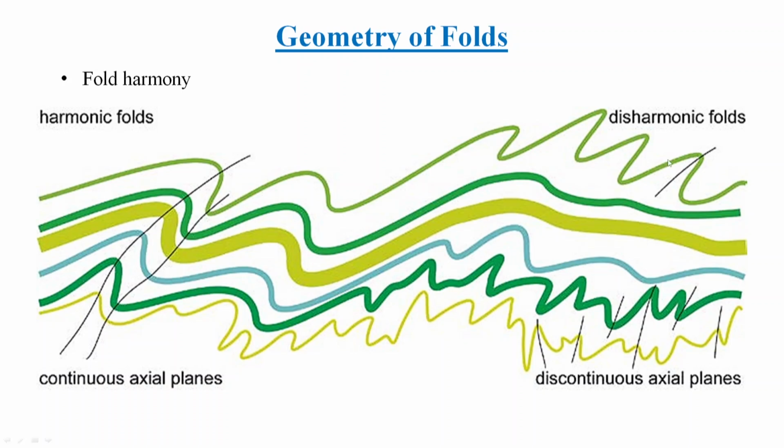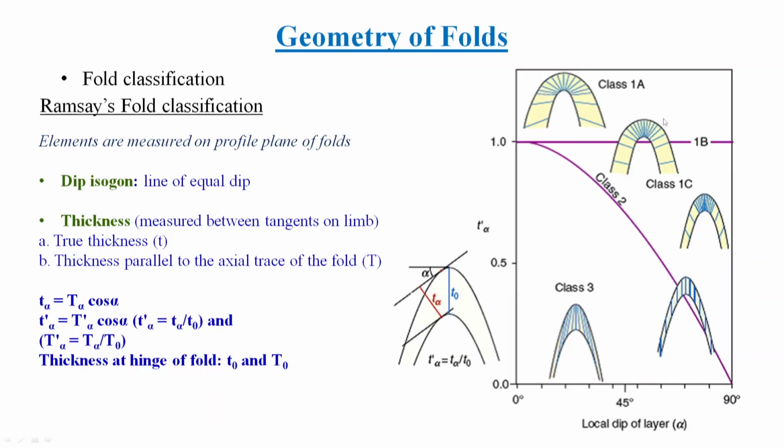In case different folded layers have different axial planes, so the axial planes are discontinuous in nature, in that case they will be considered a disharmonic fold.